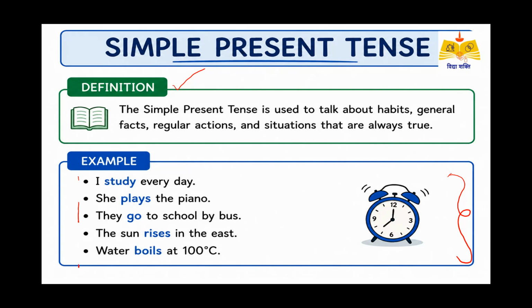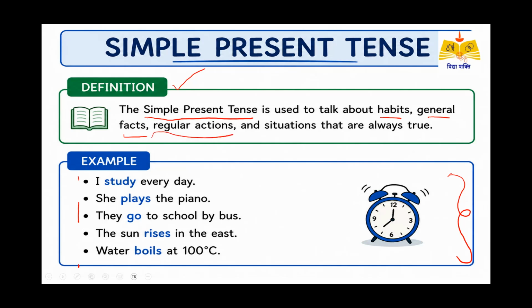Okay na? So simple present tense is used, ఎక్కడ వాడతాము, where it is used? It is used to talk about habits, అలవాట్లు, general facts, అంటే సత్యాలు, fact, always true, like the sun rises in the east. It is true, always true. And then regular actions.